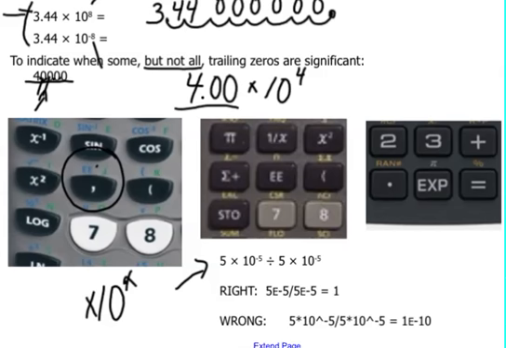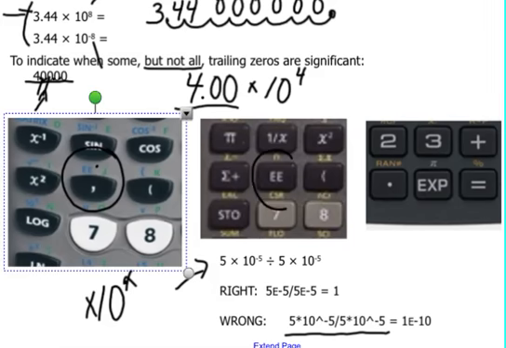But if you do what some people do, which is this right here, they don't use the shortcut, they don't use the E or the double E button, or the exponent button on some calculators. If you try to type it in using a caret mark and a times sign, you end up with a completely wrong answer, 1 times 10 to the negative 10.